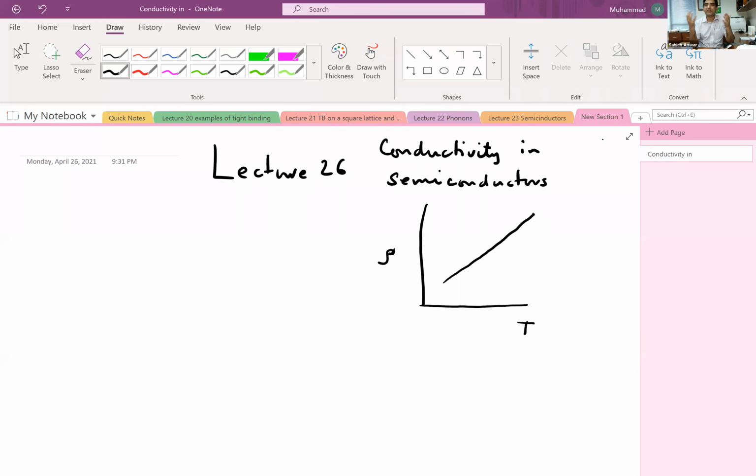So the scattering time goes down. They travel less distance in between scattering events. So their mean free path length goes down and the resistivity goes up. And at really low temperatures, temperatures that are less than a few kelvins, the resistivity just tapers off to some value rho naught, which is due to the impurities in the material.